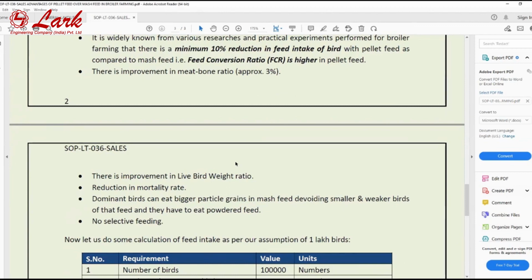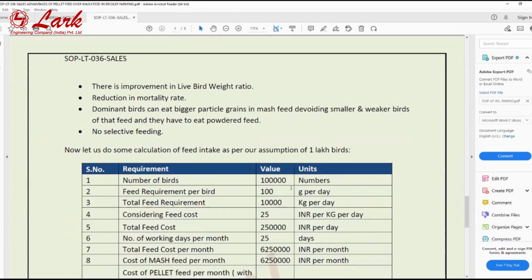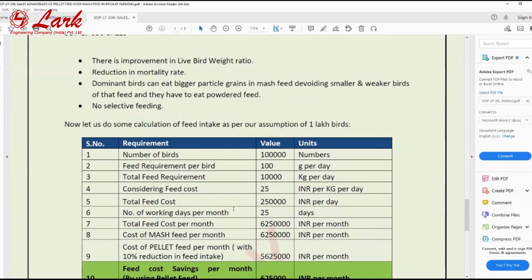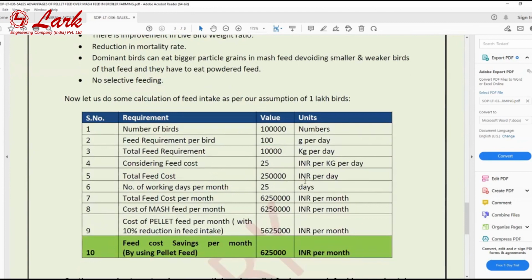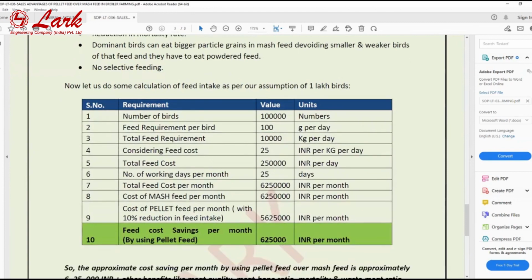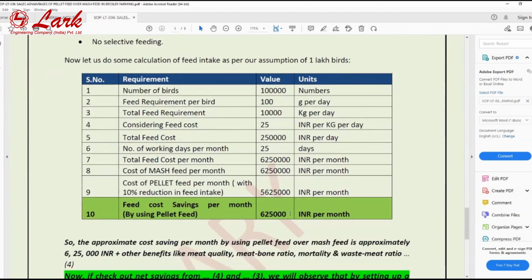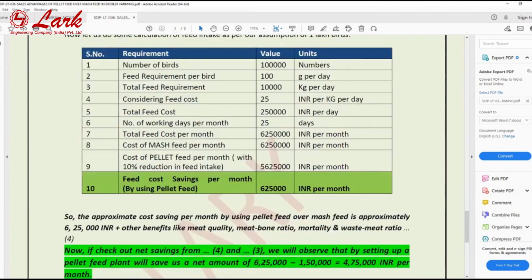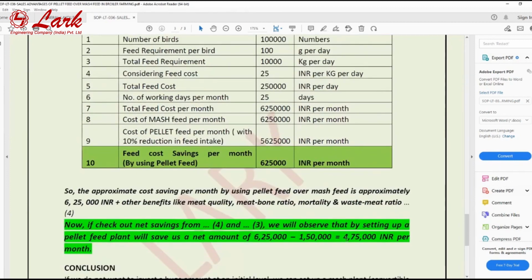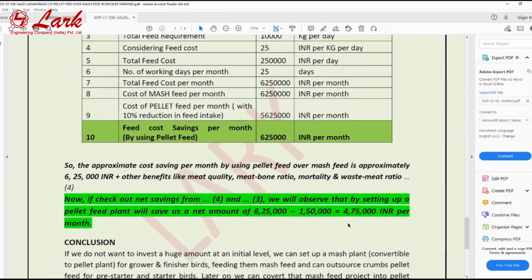If we calculate the feed intake and the weight benefit, the benefit is 6,25,000 per month, and the additional cost is 1,50,000 per month. So when we calculate this, even after calculating the interest on the small mini pellet feed plant, the additional benefit is around 4,75,000 rupees per month.